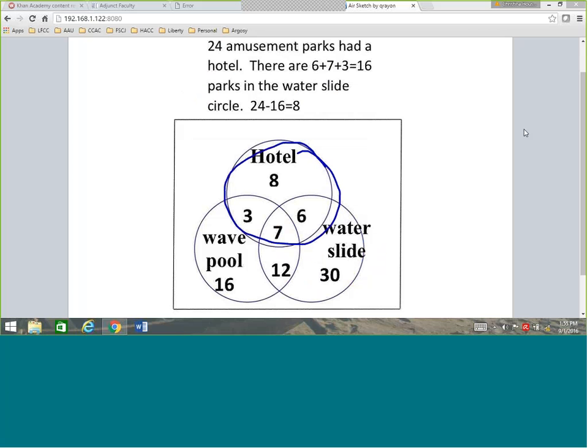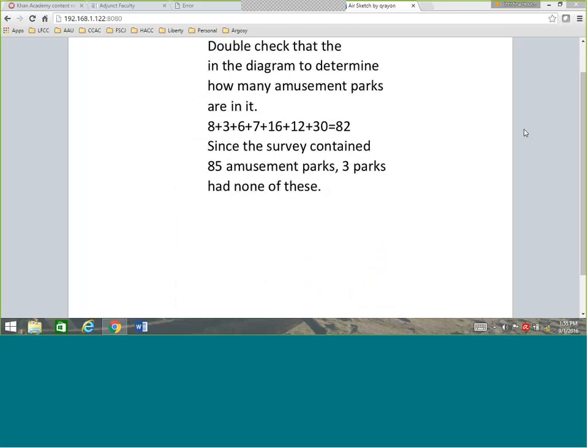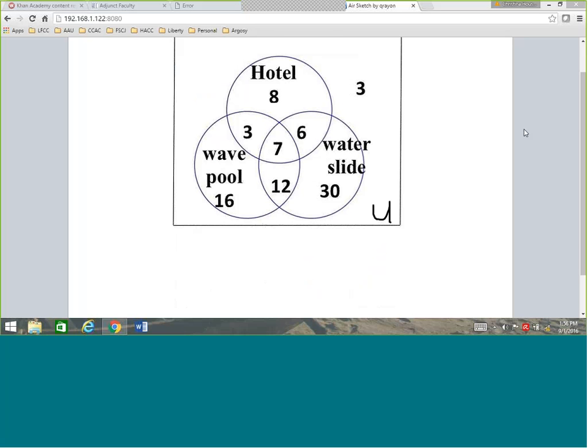So I made sure there was an 8 here to make sure the total for hotel is 24. And then I added up all the numbers in the picture, which gave me 82. But I need 85, so that tells me in the universal set I should have this 3 right here outside all of those circles.